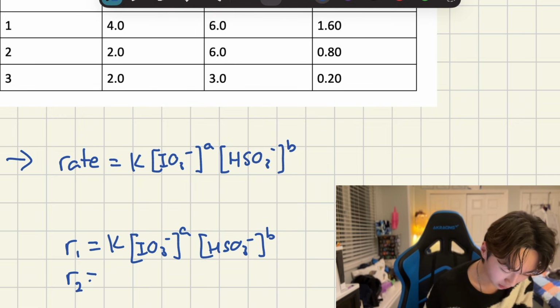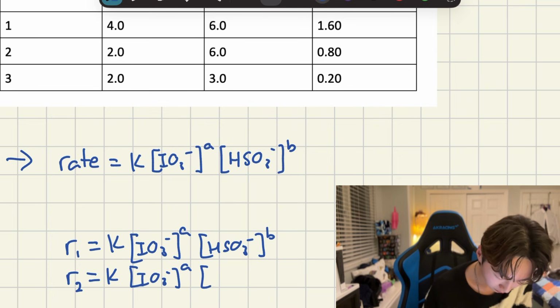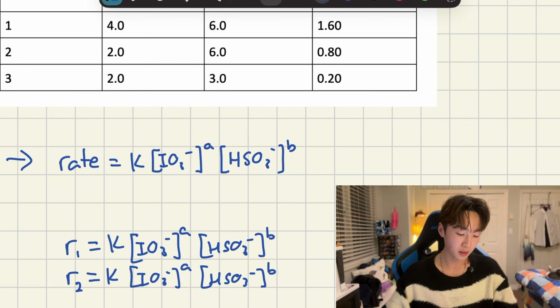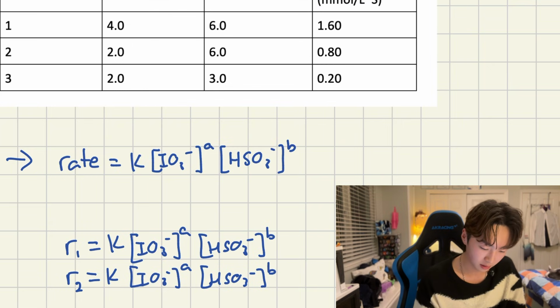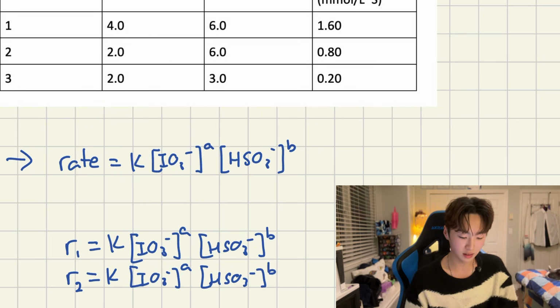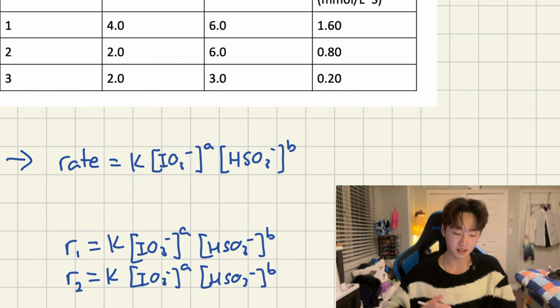So we have another rate, and these are our concentrations, which we don't know. Okay, so let's say that in these two reaction rates, the concentration of HSO3 minus is constant. Let's say they do not change, they're the exact same.